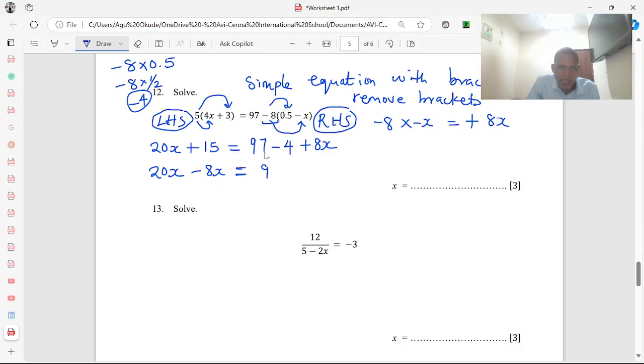So I have 97 minus 4. Now this one is already on the right. Now I'm going to move plus 15 across the bridge to the right hand side. It becomes -15.